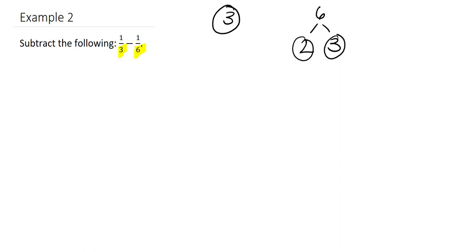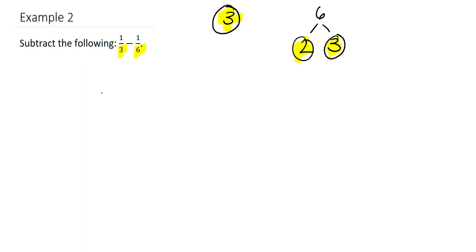So here's the trick. We notice this 6 has a 2 and a 3, and this one just has a 3. So what is the 3 missing? It's just missing a factor of 2, the prime number 2 that's being multiplied.